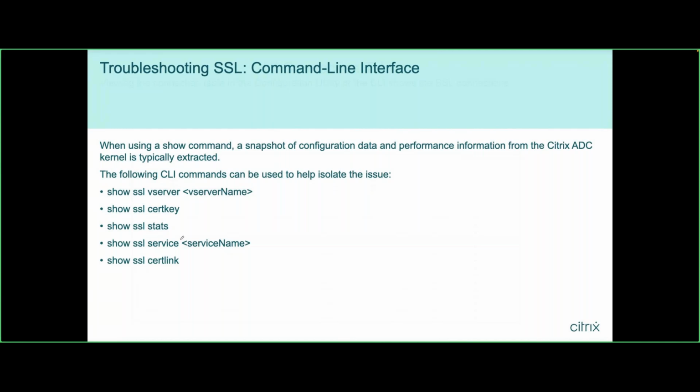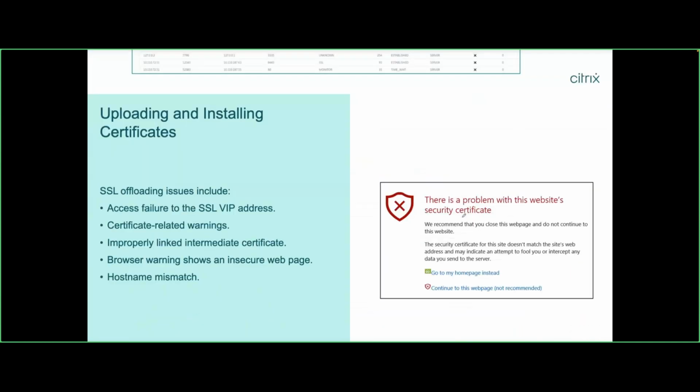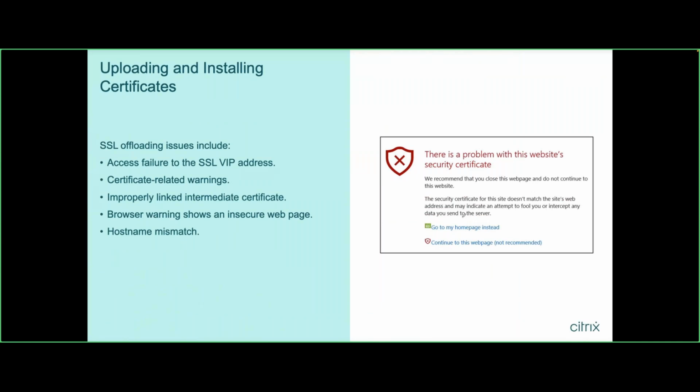This is where you can check all your TCP connections and look at all the TCP sessions: the source IP, source port, destination port, service type, idle time, state, client, server. You can check all that from your GUI. Then you can upload a license certificate and install.